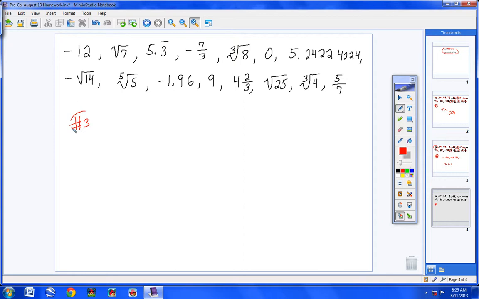Number 3 asks which numbers are the irrational numbers. Now remember, be careful, irrational numbers are non-repeating and non-terminating. That means they don't terminate. They continue on and on without repeating, for example, a number like 2.695334 and on and on.